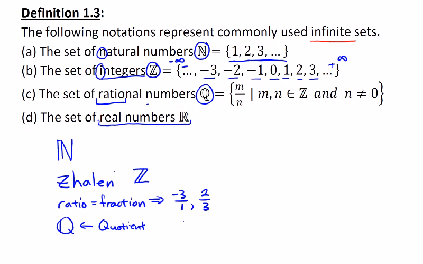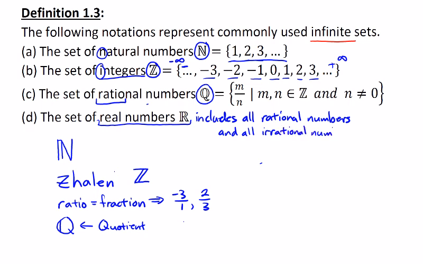Now the set of real numbers includes all rational numbers and it includes all of the irrational numbers. So it has a few more elements than the rational numbers did.